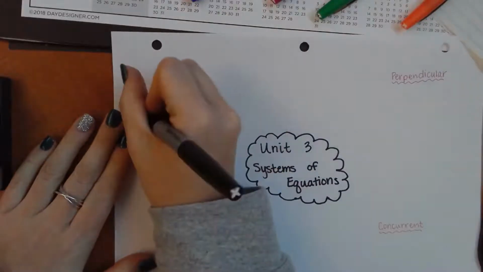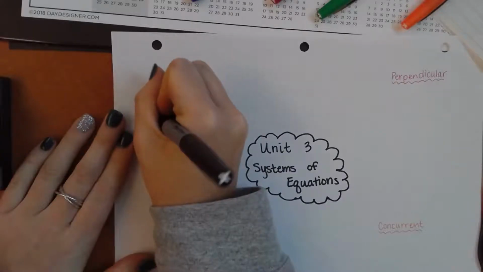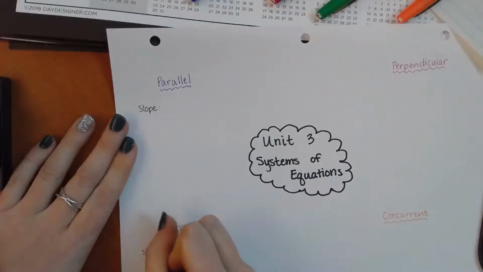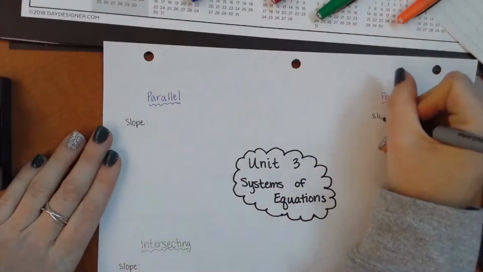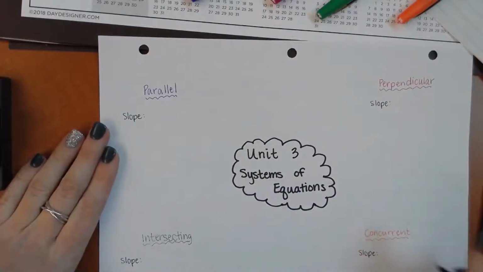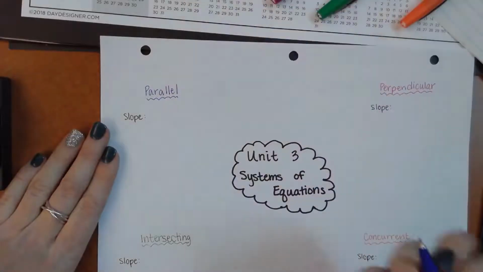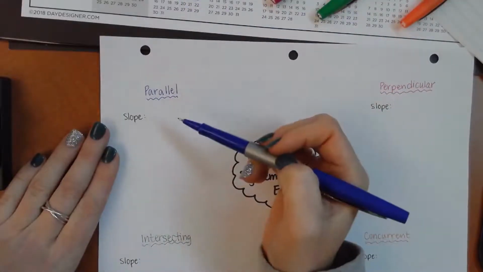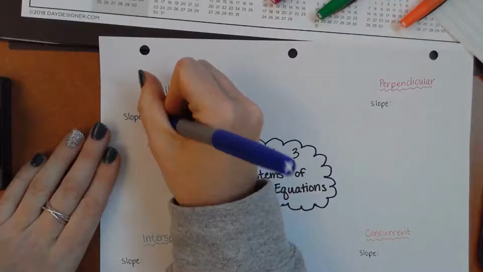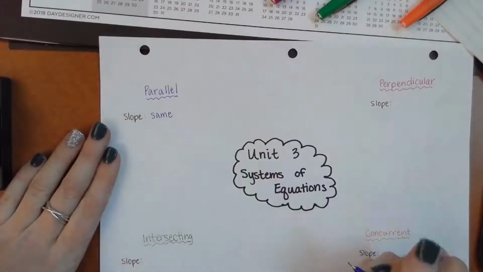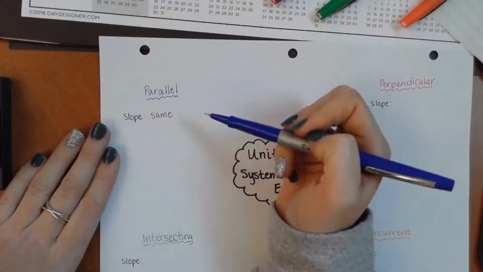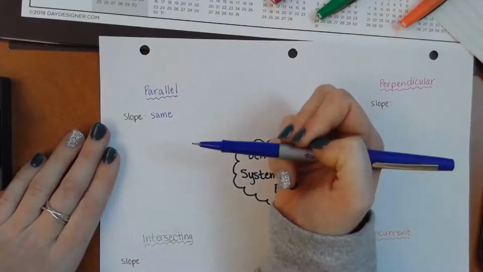So we're going to talk about the slope for each of them first. So the slope for parallel lines is going to be the same. That's what makes them parallel, that they're not going to cross because they have the same slope.